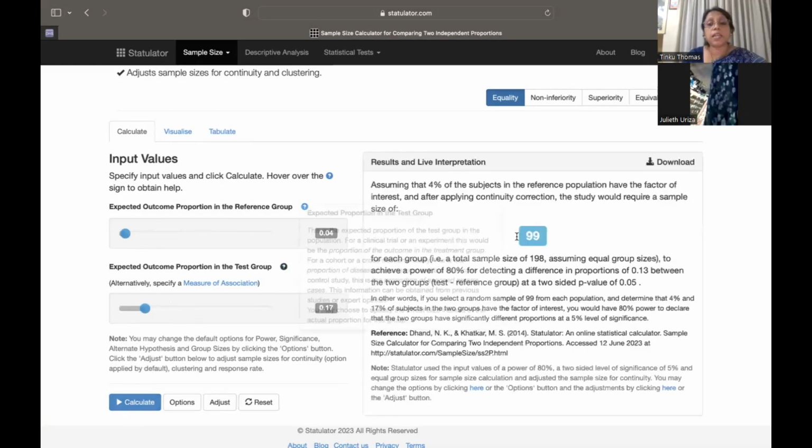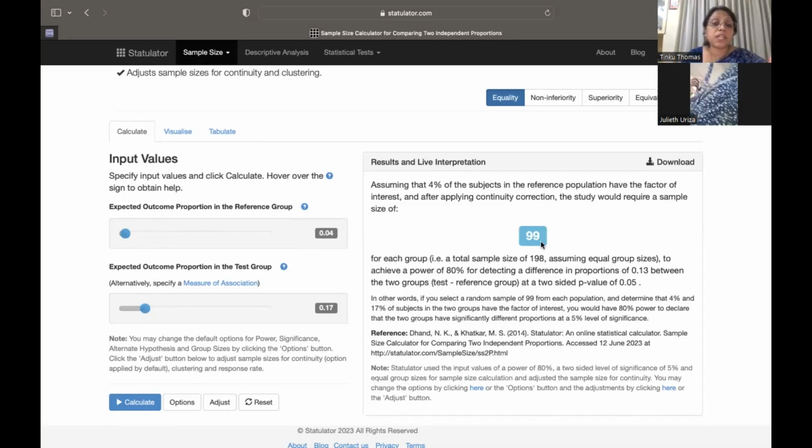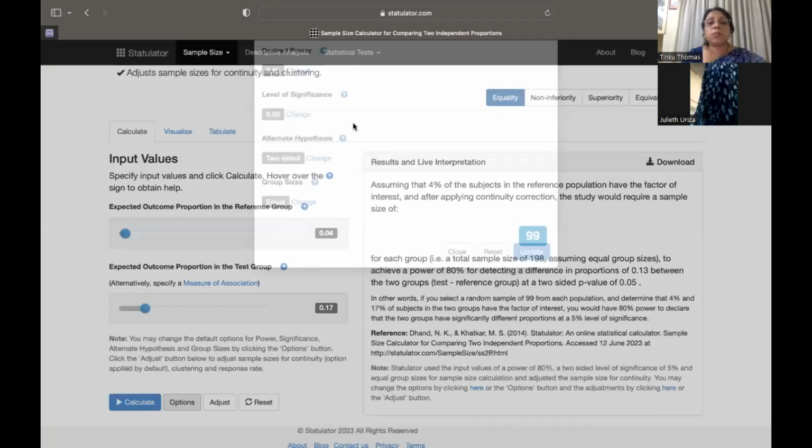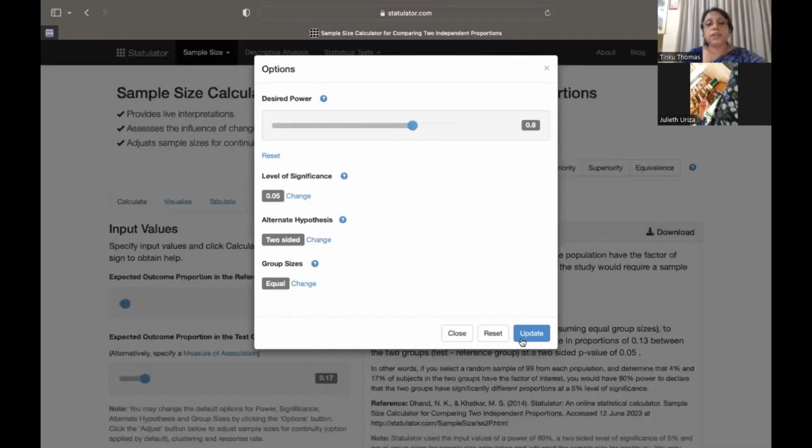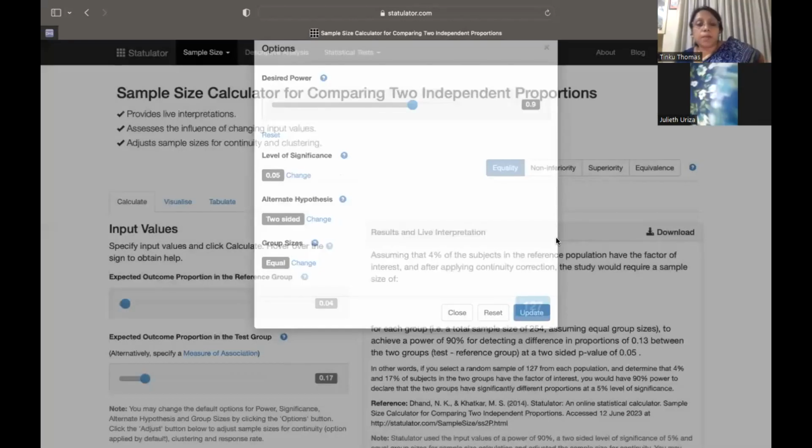Now remember, we had specified that the power of the study would be 90%. By default, in this particular calculator, it takes 80% power, but I can change that. So I'm going to shift it to 90% power. Update. Now you see the sample size required is 127 per arm.